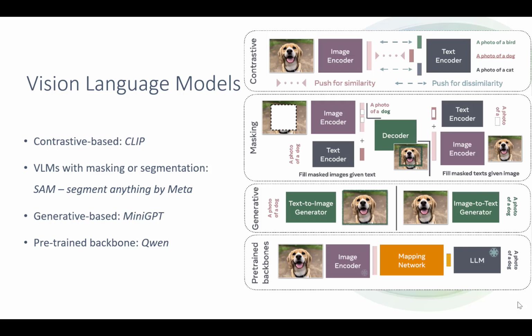Similarly, by masking words in a caption, it's possible to train a VLM to reconstruct those words given an unmasked image. An example of a VLM trained by masking, and also a VLM that you can use for masking an object, is SAM, or Segment Anything by Meta.